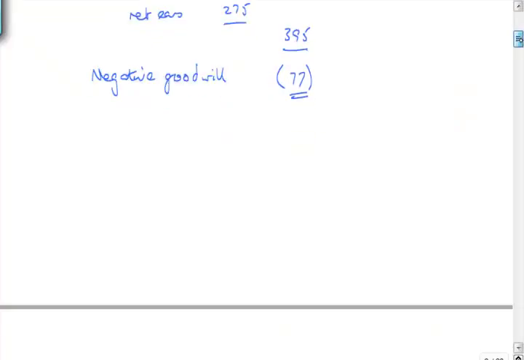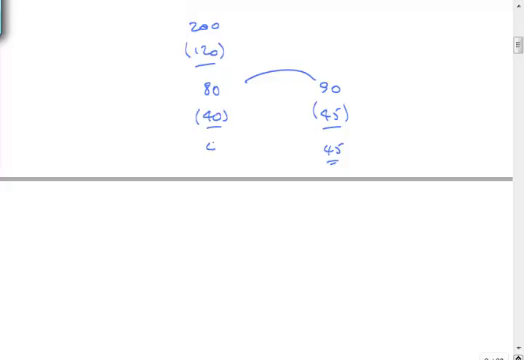Let's look at this PUP. What I will do is I'll draw this picture, this asset. It originally cost 200, and it's been written down to 80, and it's transferred now for 90. ASTA is depreciating it over its remaining useful life, so it's got a carrying value now of 45. If it had not been sold, it would have been depreciated by 40.